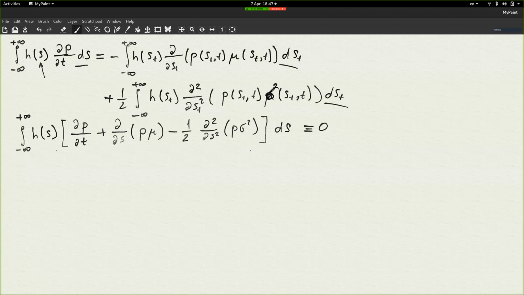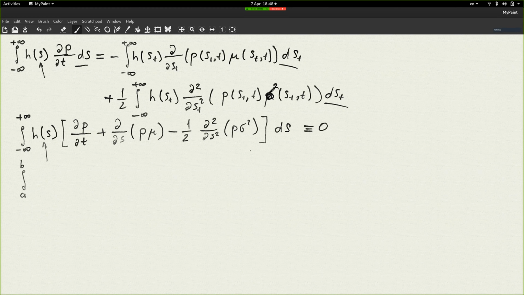But now, h of s is an arbitrary function, and the only thing we required from this function is to be sign definite. It is a positive function, right? So h of s itself doesn't vanish. Moreover, we know that h of s equals 0 outside the interval AB. This integral can be replaced by the integral from a to b.